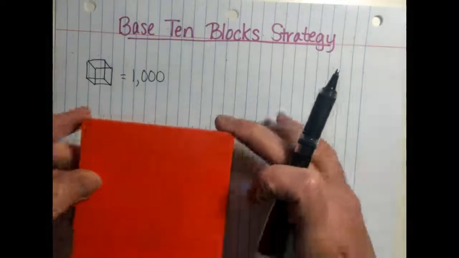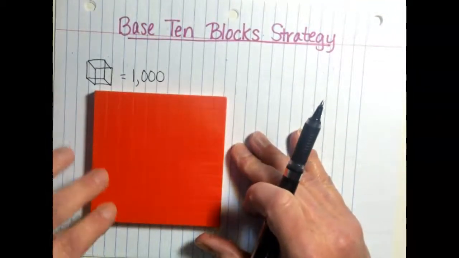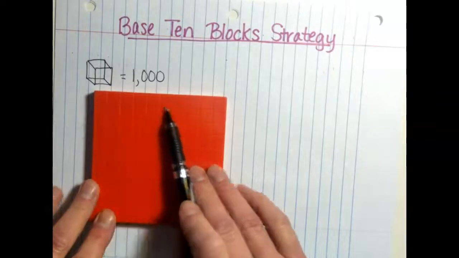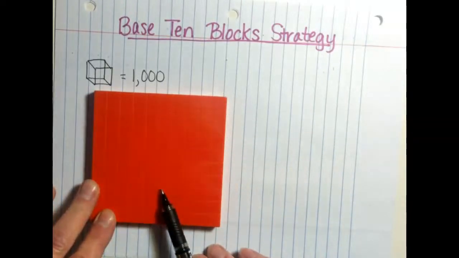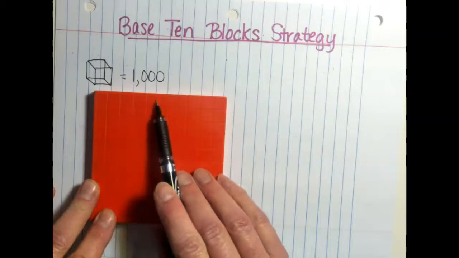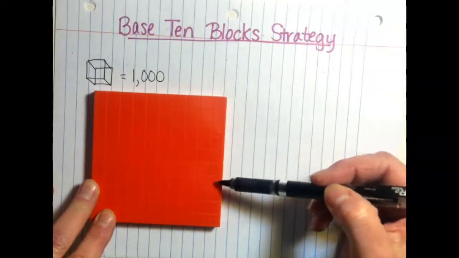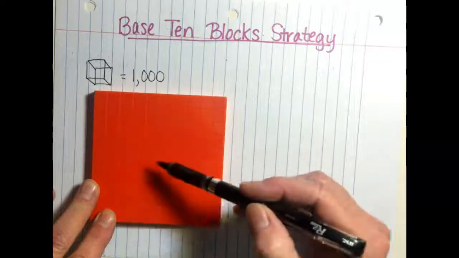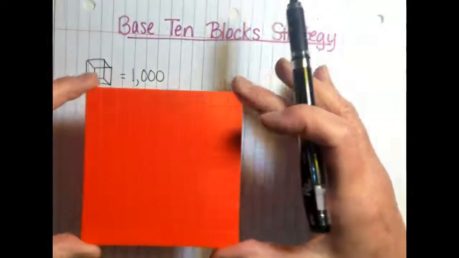I've heard them call it a flat. Basically, it would be 10 blocks by 10 blocks. So 10 times 10 would be 100. 1, 2, 3, 4, 5, 6, 7, 8, 9, 10. 1, 2, 3, 4, 5, 6, 7, 8, 9, 10. If you count up all of those little blocks, that would equal 100.